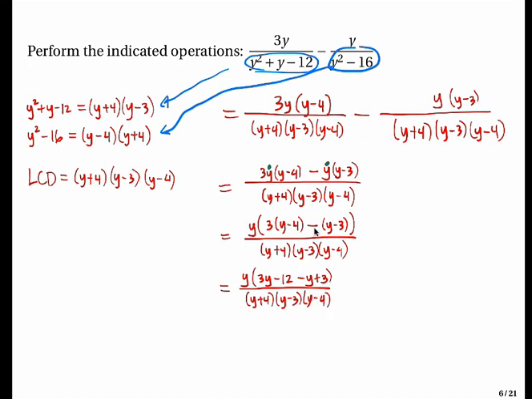Further simplification will give us y times 3y minus y, that's 2y, minus 12 plus 3, that's minus 9, divided by y plus 4, y minus 3, y minus 4. And there is nothing to cancel here. Therefore, this is our final expression.